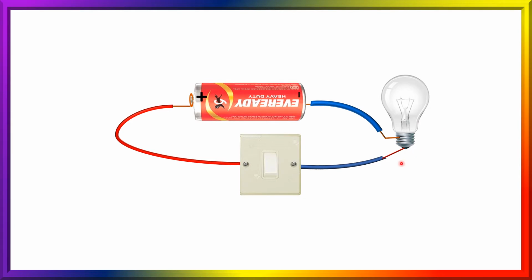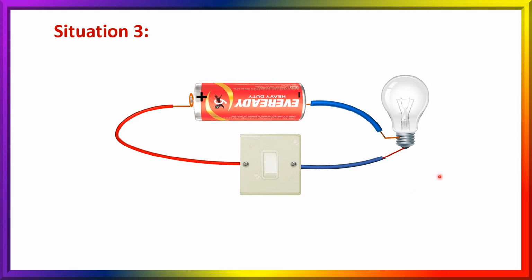Now situation 3. In this situation, I am going to replace the copper wires with the nylon wires. Actually, this is a complete circuit. In this circuit, I am going to just replace the copper wires with the nylon wires, and later I will switch on the circuit and observe whether the bulb glows or not.